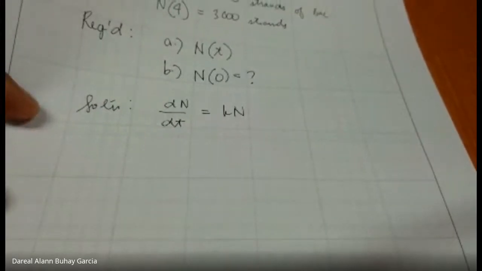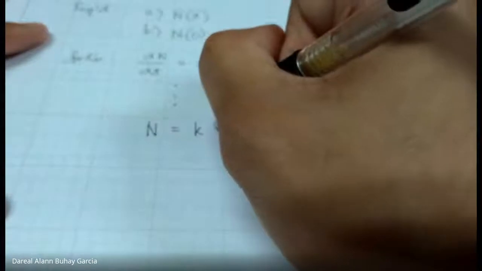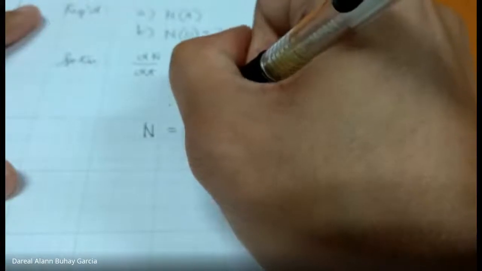We know that this is its solution: N equal to C e to the kt. So, N is equal to C e to the kt.